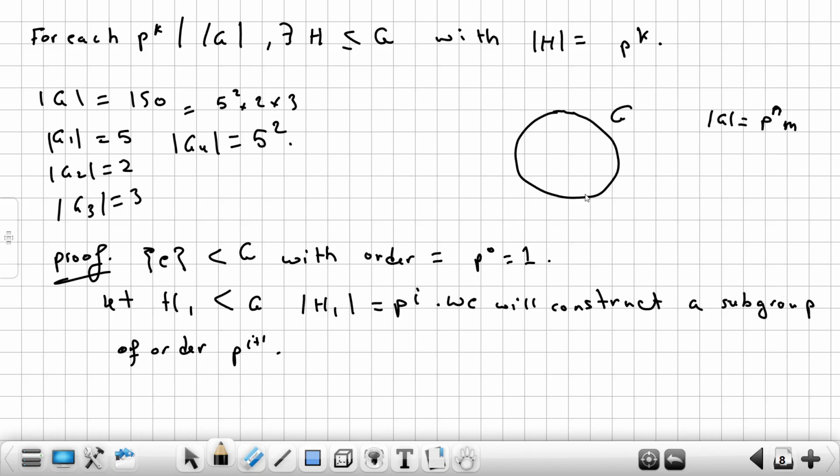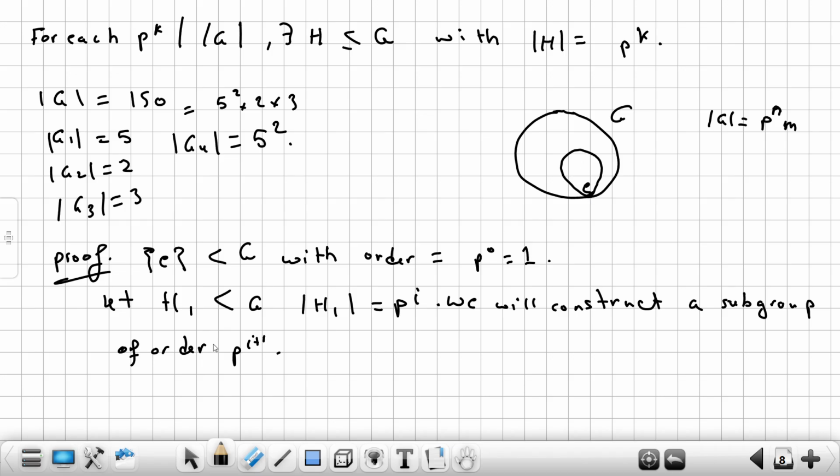So you need to find a subgroup, of course, containing the identity, of order p^k. Now if you find, for any subgroup of order p^i, a subgroup of order p^(i+1), then we are done.